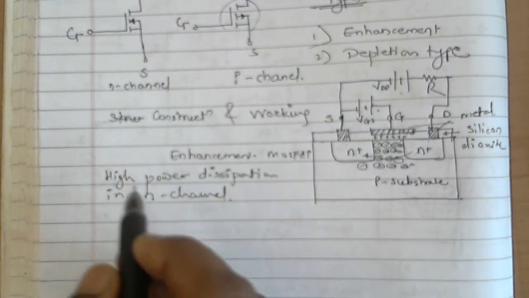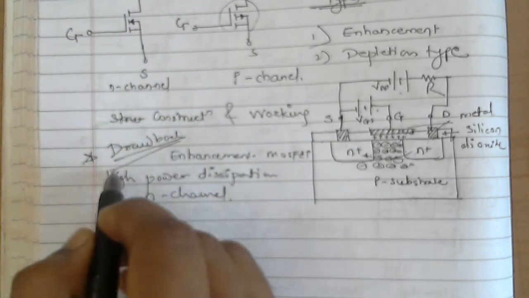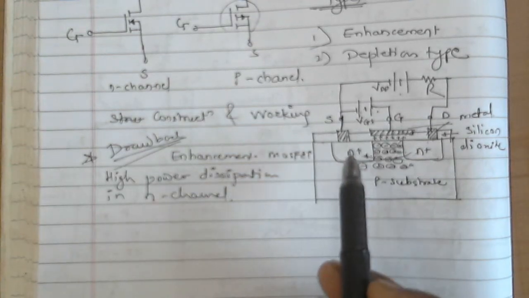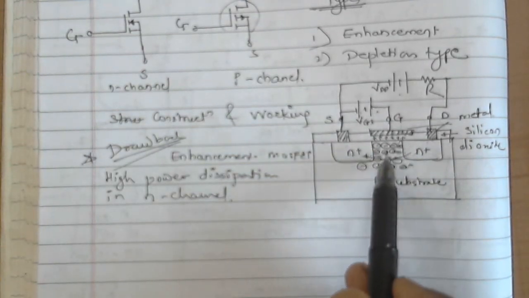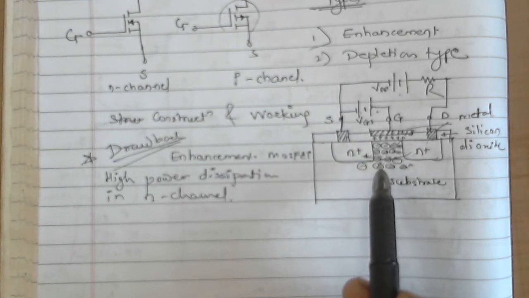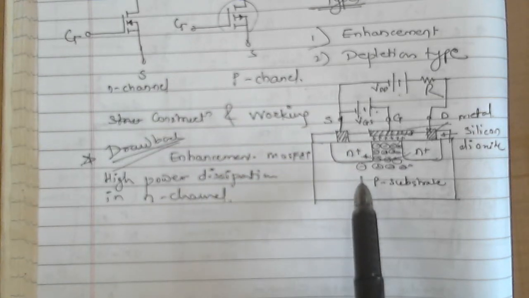So this is the main drawback. I'll repeat once again. The main drawback is the conducting n channel in between drain and source; this channel gives large on-state resistance, and due to that resistance it will have high power dissipation. So this is the main drawback of this channel.